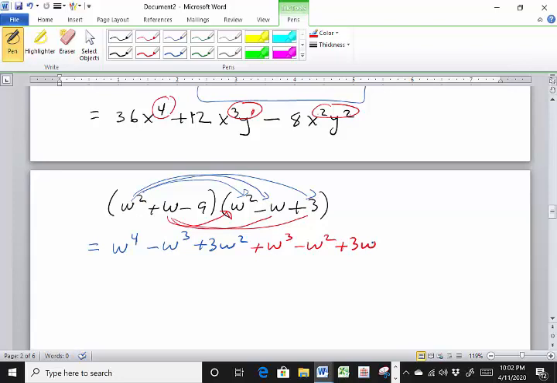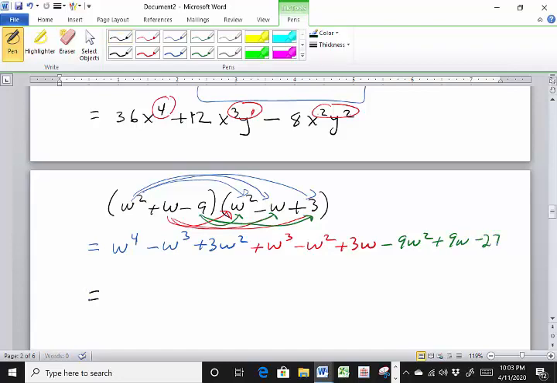Then finally, we have a minus 9 times w squared. Whoops, it was minus 9 times w squared, not w. So minus 9w squared. And then minus 9 times minus w is plus 9w. Okay? And then minus 9 times 3 is minus 27.